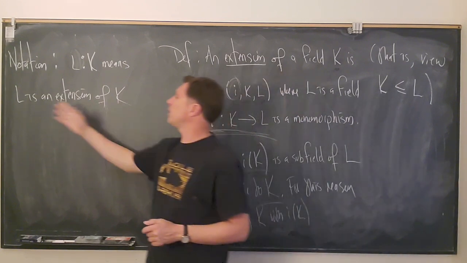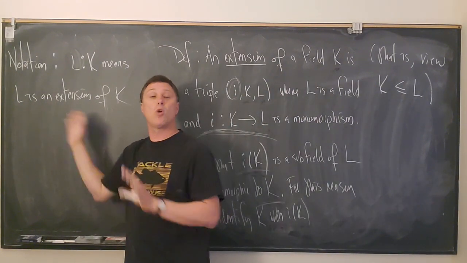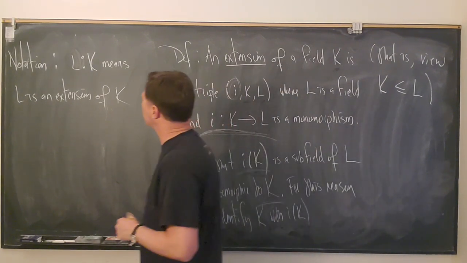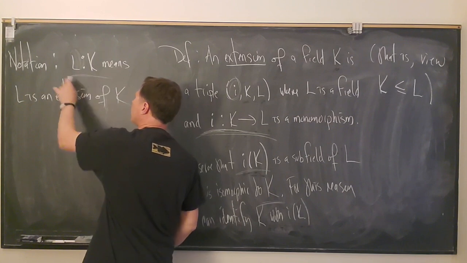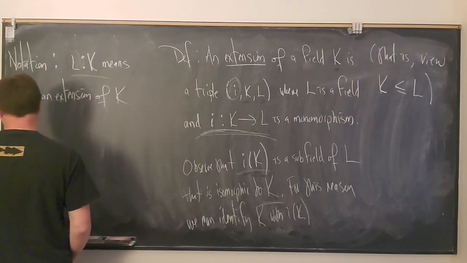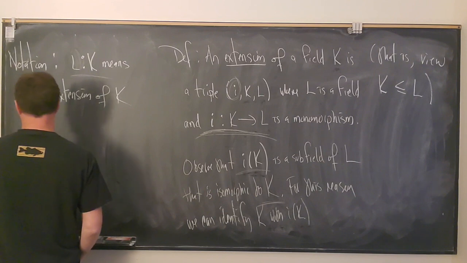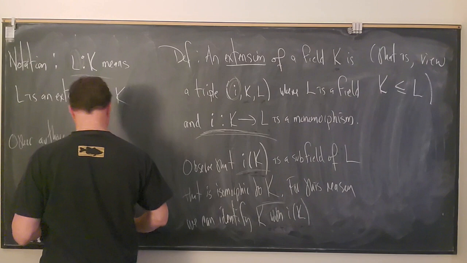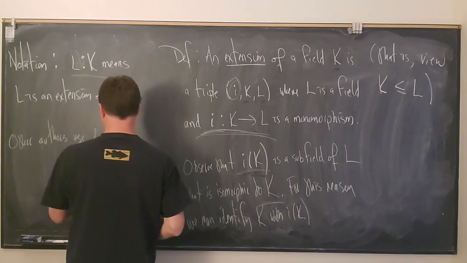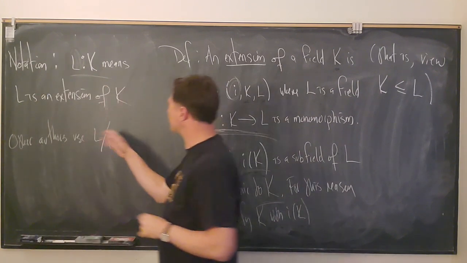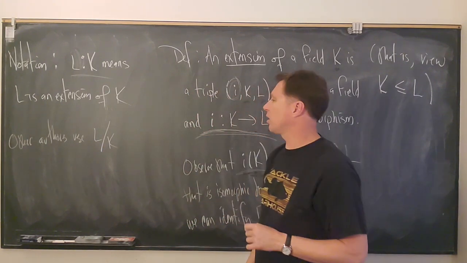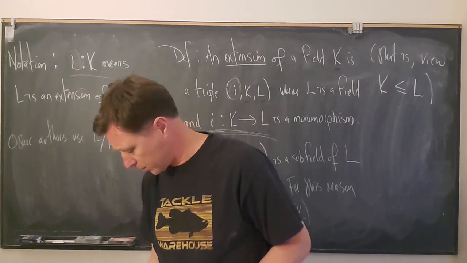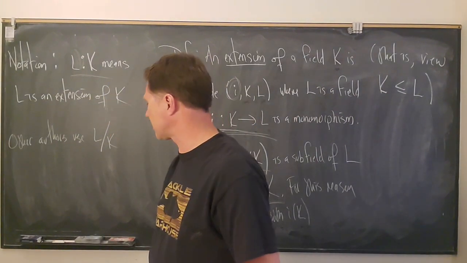So we know that there is a ring monomorphism from K to L running around in the background, but we don't need to mention it in most cases. This is not the only notation for extension, so other authors use the notation L and then a diagonal slash K, but this just looks too much like a quotient. And so in this book, we use this colon notation, and that's fine. But just be aware, other authors are going to use L slash K like that.